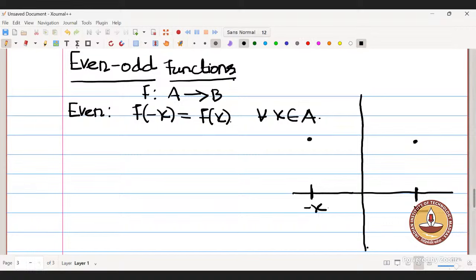So in some sense, what it's saying is, if I draw the graph, then the function is symmetric about the y-axis, right?